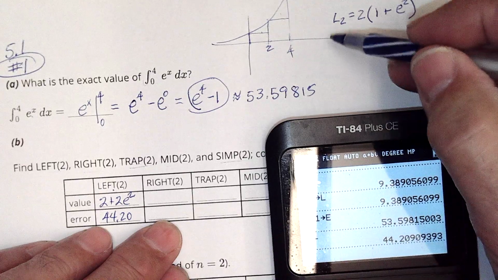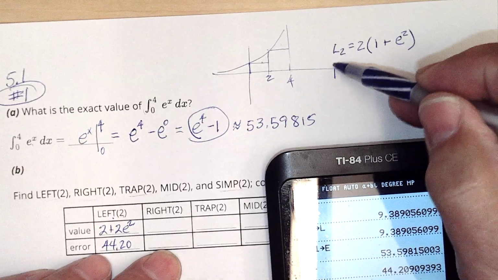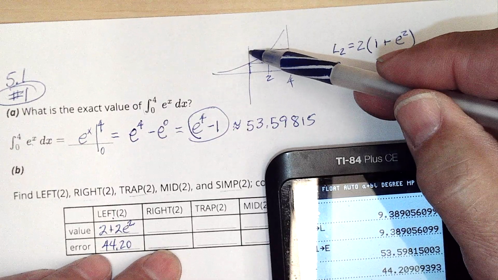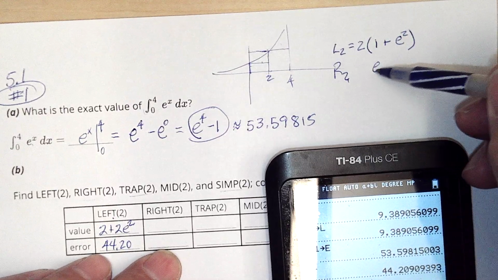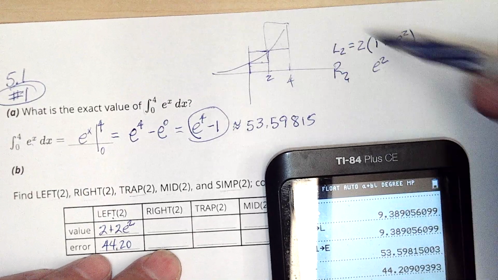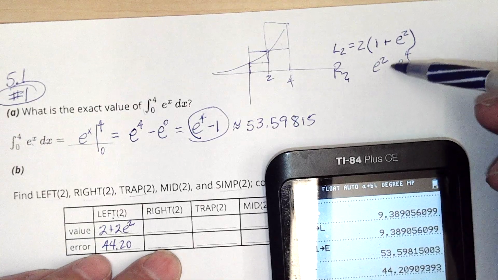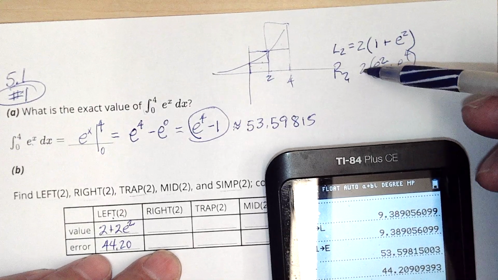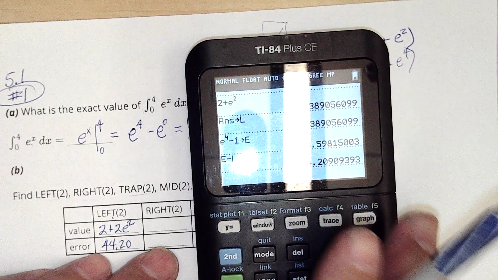Well, to do the right 2, I got to do the right side height, which is going to be e squared. And the right side of the next one is going to be e to the 4th. And each of those bars is also 2 wide. So I got to figure that one out.